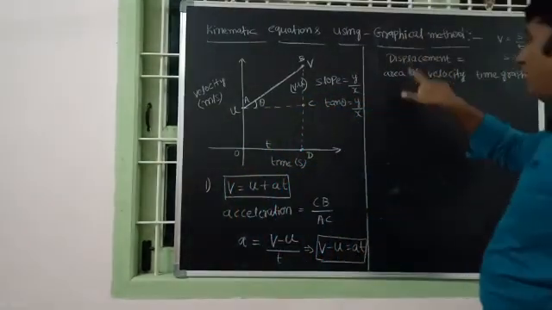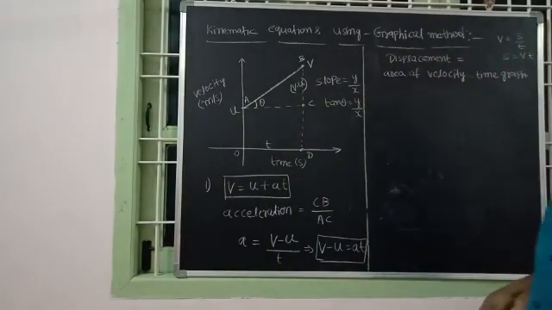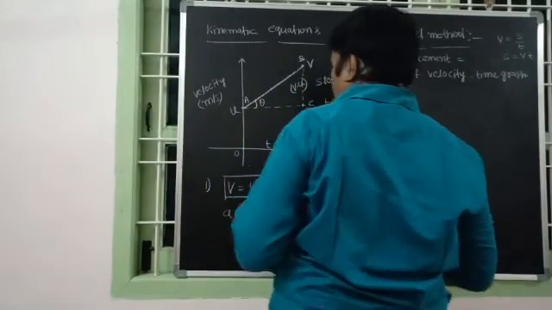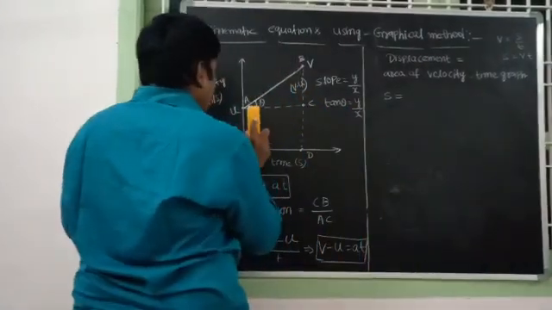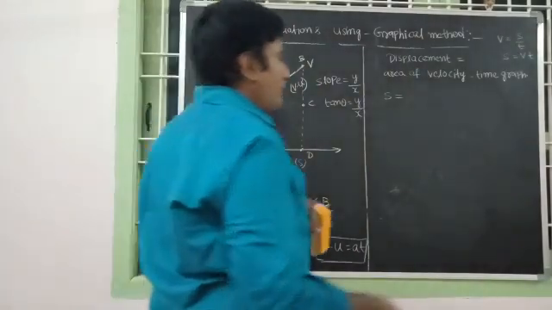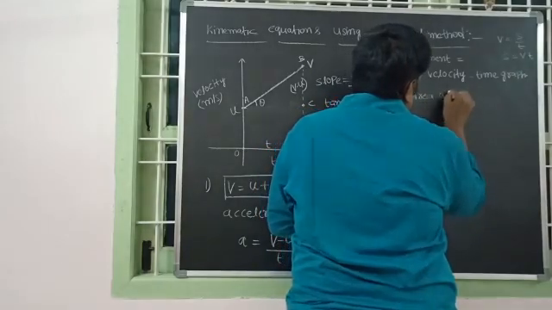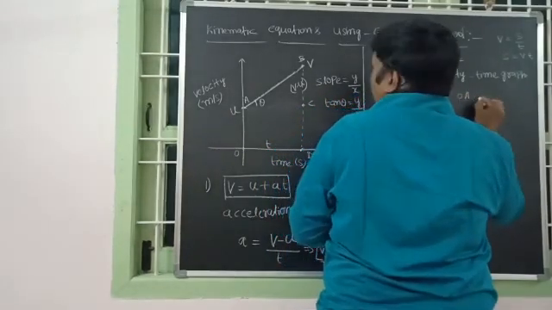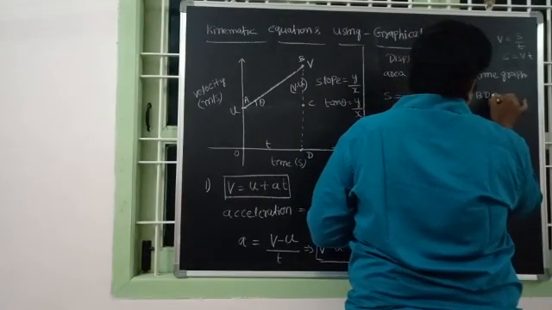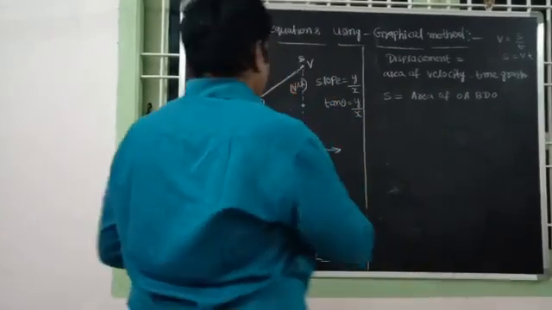Here also, displacement is nothing but the area of the velocity-time graph. Here S is equal to, now I am not going to consider this part in the third case. So S is equal to the area of OABO.